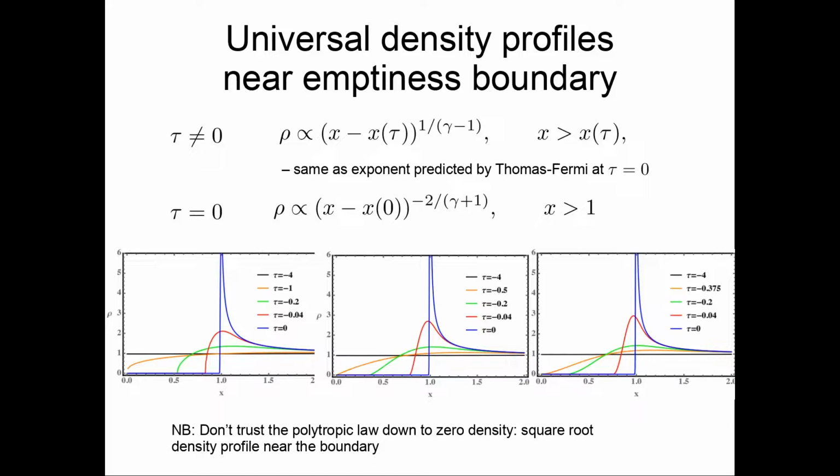So this behavior can only be seen at a certain scale away from the emptiness, as here the square root singularity should take over for any physically reasonable model, because for small density one should fall back to something that's beyond this model, because we really use, as I said, the polytropic equation of state everywhere.